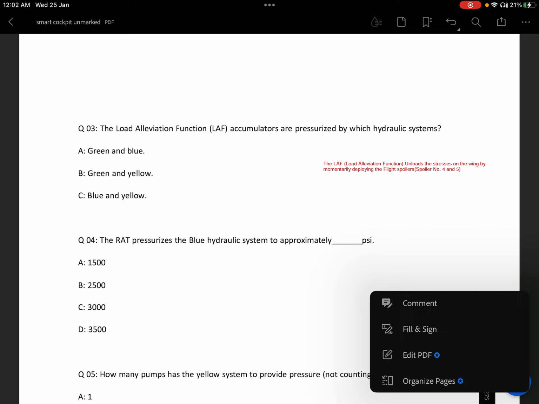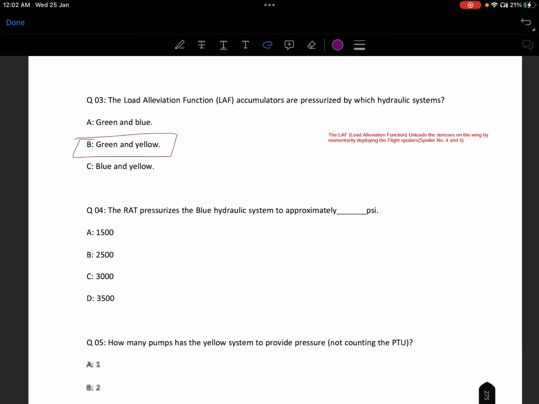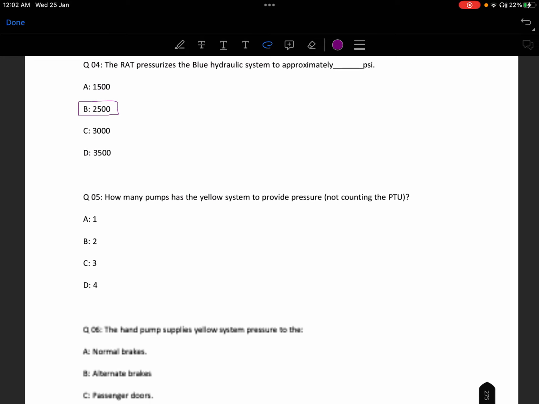It is done with the help of the two main hydraulics, green and yellow. Red pressurizes the blue hydraulic system to approximately, as I told you in the FCOM explanation, 2500 psi. It's, I think, the second or third line of the FCOM if you open the hydraulic chapter. Red pressurizes with 2500 psi.